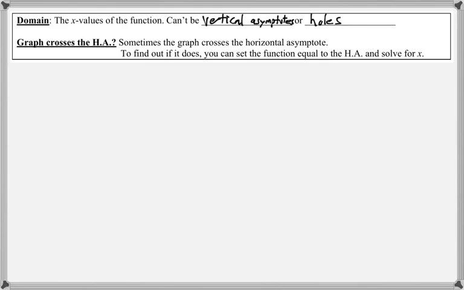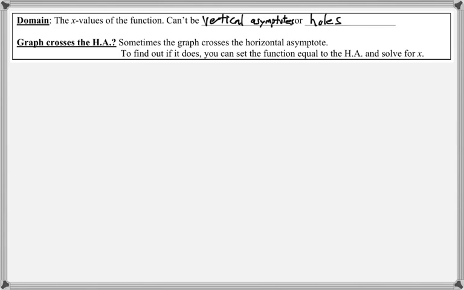As well as sometimes our graph can cross the horizontal asymptote. This is kind of interesting because the asymptotes are really boundaries in the function. Vertical asymptotes will never be crossed, but sometimes horizontal asymptotes can be. It's always in the short term, meaning as you go out to infinity and as you go out to negative infinity, they won't be crossed.